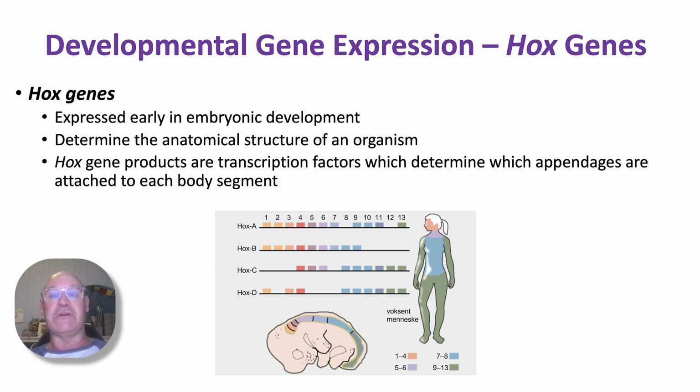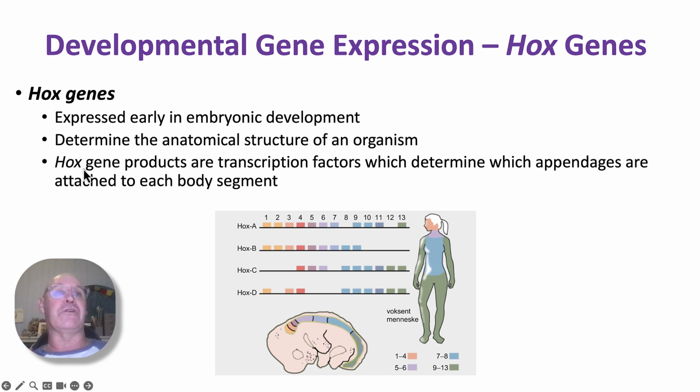So some genes are expressed at the fetal stage or the embryonic stage and don't need to be expressed later in life. And one example of that is called the Hox genes. They're expressed very early in embryonic development, and they're involved in determining the anatomical structure of the organism.